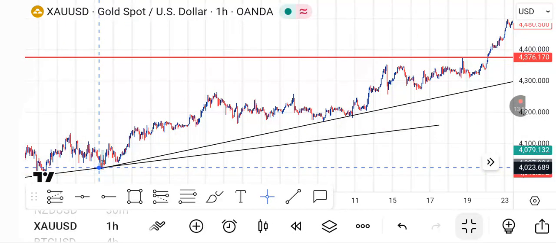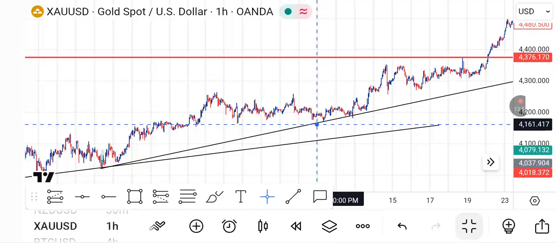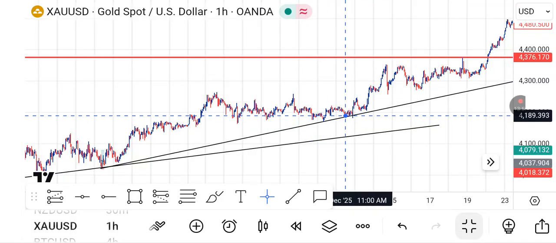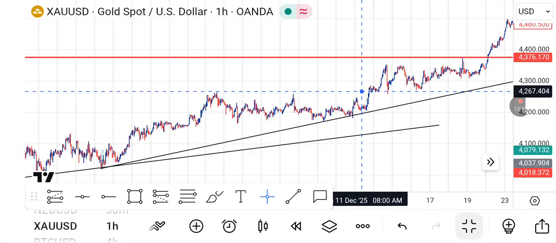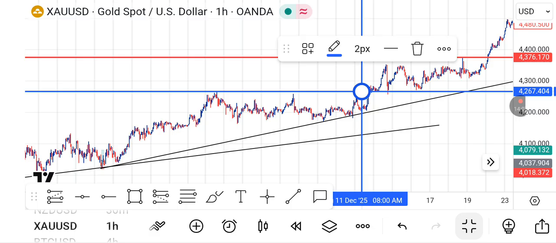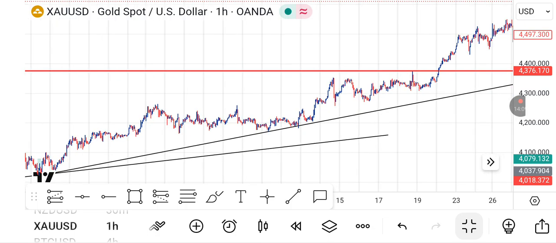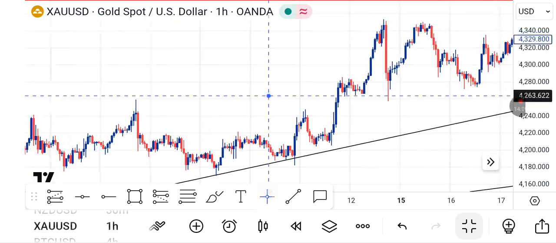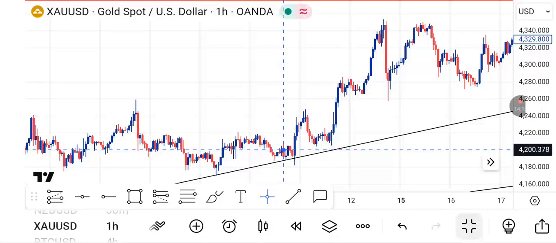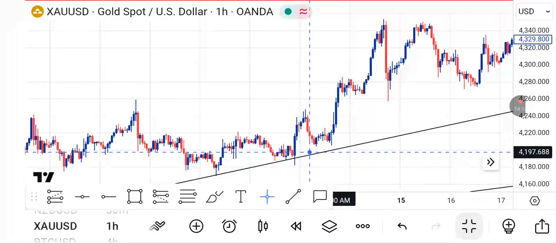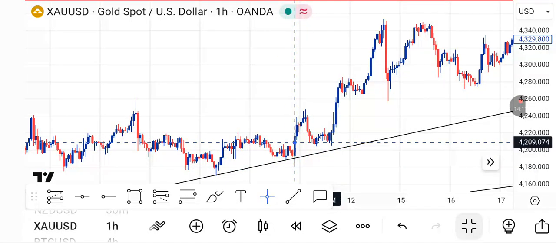So first touch here, second touch we extend, and it came back to respect it and move up. That is how the market sometimes uses a trend line to move. So if I want to go in here, I will be waiting for the third touch, which is around this place, for me to go in for a buy.